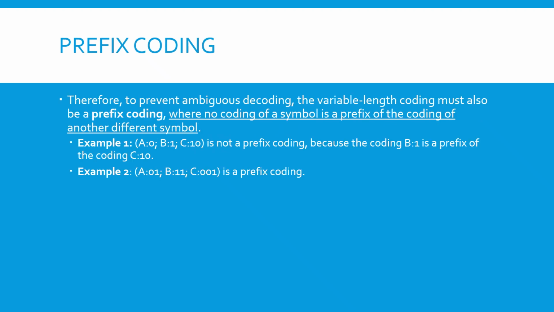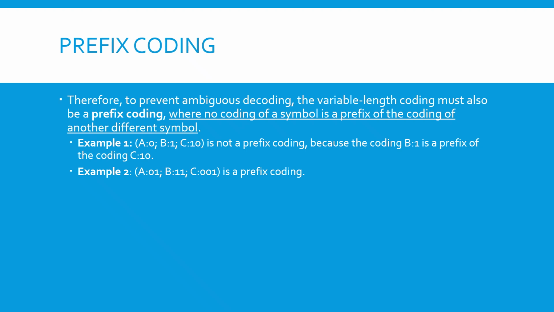To avoid decoding ambiguity, we require the coding scheme to be prefix-free. A prefix code is a coding scheme in which no code word is a prefix of any other code word. For example, consider the scheme where A is encoded as 0, B as 1, and C as 10.